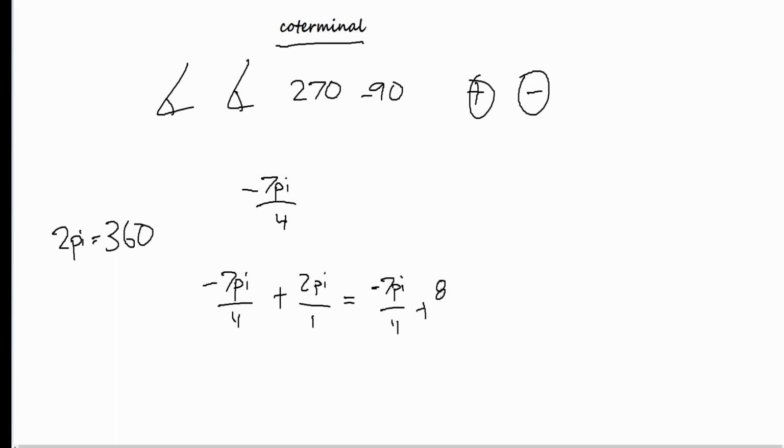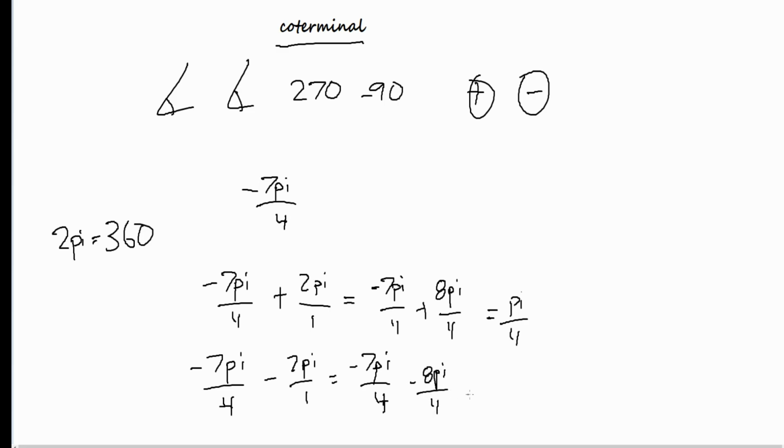And in the end, for the coterminals of negative 7 pi over 4, when added and subtracted 2 pi from, notice how I changed it from 2 pi to 8 pi over 4 for denominator purposes. It equals a positive coterminal of pi over 4 and a negative coterminal of negative 15 pi over 4. And those are the coterminals of negative 7 pi over 4.